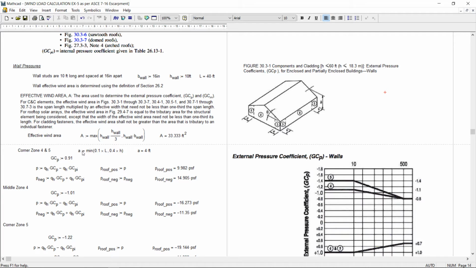So the a, which is defined over here, is shown over here. This is a. Effective wind area is calculated like this, and various zones are defined like this. For example, zone 4 and 5. Zone 4 is here, zone 5 is at the corner. Zone 4 is here.